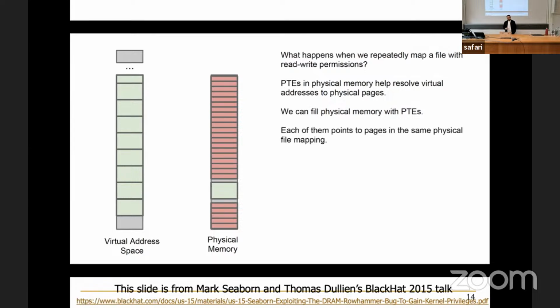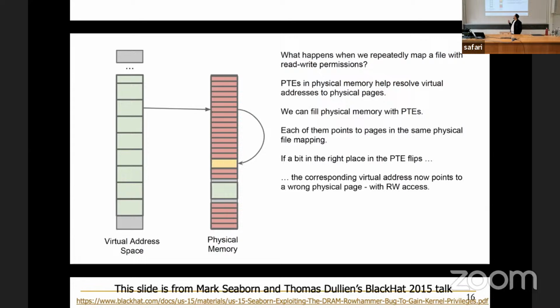So let's say you access this virtual address, and then it goes to this page table entry, and then it points to here, right? So let's say you have bit flips in this page table entry, the physical page number in this page table entry. Then it goes to a different location.